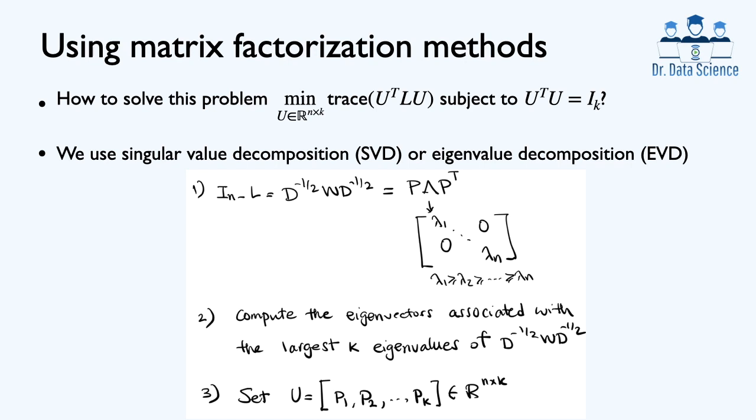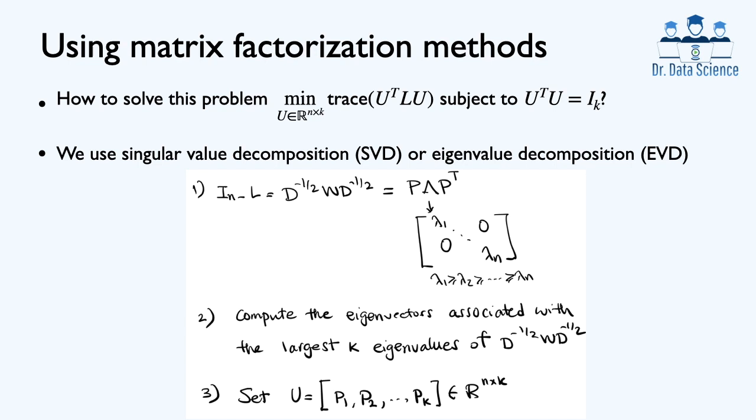And then, in order to find the solution of the optimization problem, we need to look at the eigenvectors associated with the largest k eigenvalues of the matrix D^(-1/2) W D^(-1/2). And remember that each eigenvector is an n-dimensional vector.